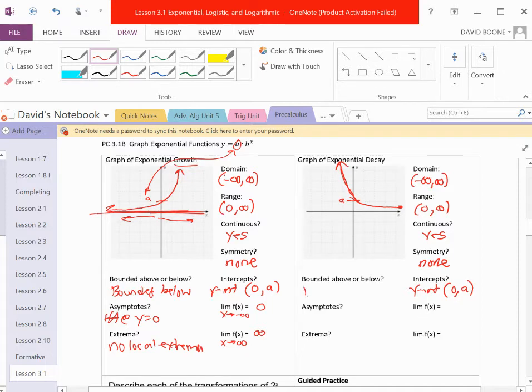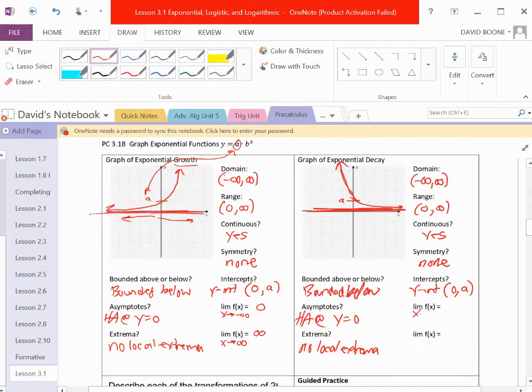This is still bounded below, because it does have a bound on the bottom. It doesn't go any lower than that. Which means, yes, there's a horizontal asymptote at y equals 0. There are no local extrema. There is no local minimum or local maximum in this graph.